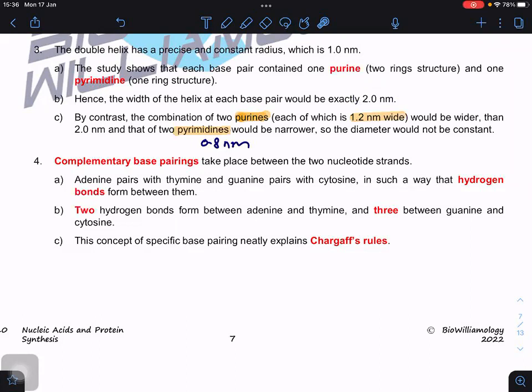By contrast, if you pair 2 purines together, 1.2 and 1.2, then your DNA won't maintain 2 nanometers. Can you see that? 1.2 plus 1.2 is 2.4. Or if you join 2 pyrimidines together, it becomes like this. So this thing won't happen in your DNA.